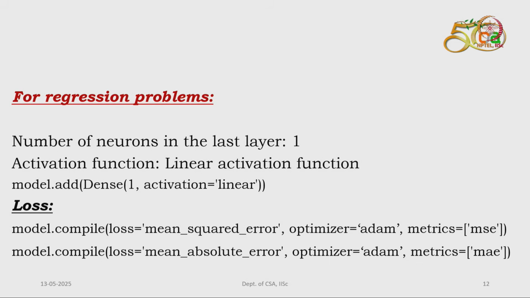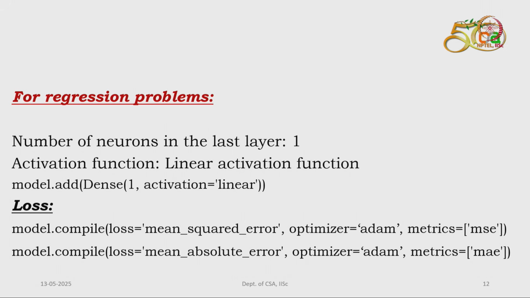Let us move further. So far what we have discussed is classification, but multi-layer perceptron can also be used to solve regression problems. Now let us talk about what a regression problem is and how many neurons we should place when we are solving a regression problem.